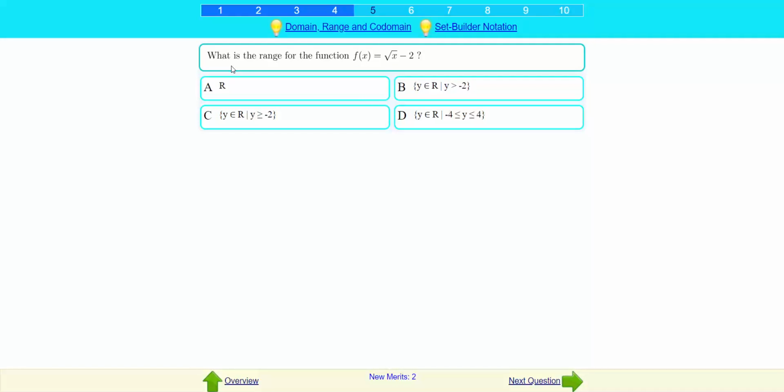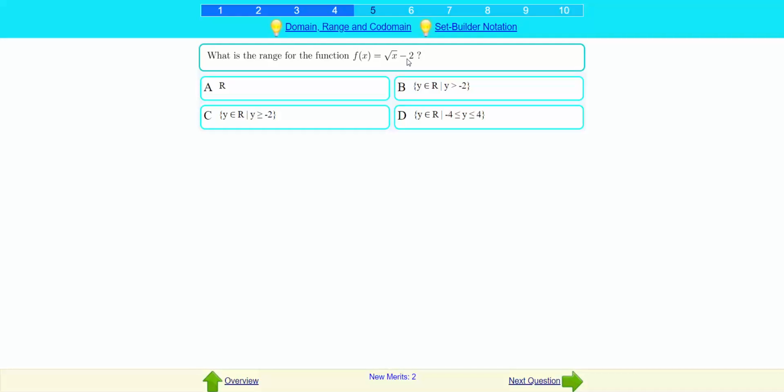What is the range of the function f of x equals the square root of x minus 2? You really can't have the square root, in this case minus 2, equal to 0.